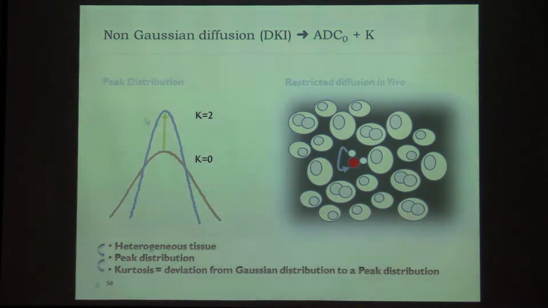And there is a mathematical tool that can measure the deviation from a Gaussian distribution to a peak distribution like that. This is called the kurtosis. When your distribution is close to a Gaussian distribution, that means you're going to have a low kurtosis, K around 0, and when there is a huge deviation, your kurtosis is going to be high, 2 or 3.